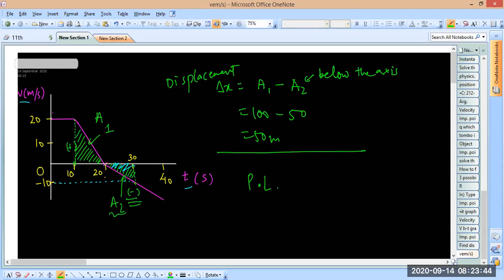What's the difference? You have to take all area as positive. So here we don't have to consider this area as negative. We just have to consider that also as positive. So what will it be? A1 plus A2. Yes or no?